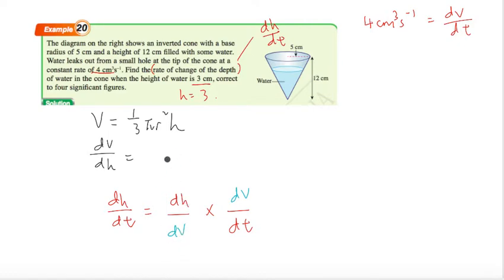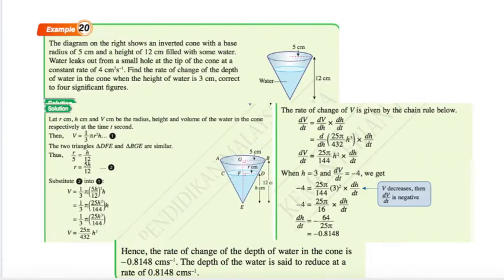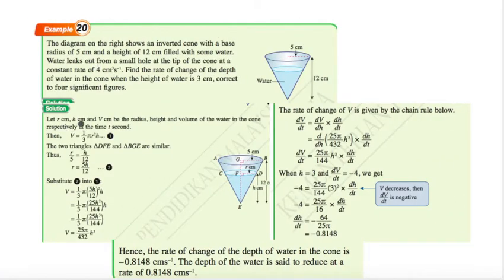Now let's see. Let r, h and v be the radius, height and volume. Just now, number 1, you find the volume equals 1 over 3 pi r squared h. And you are given r equals 5, you substitute inside.